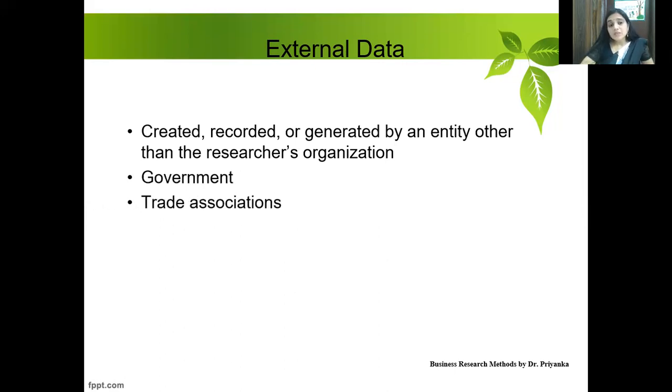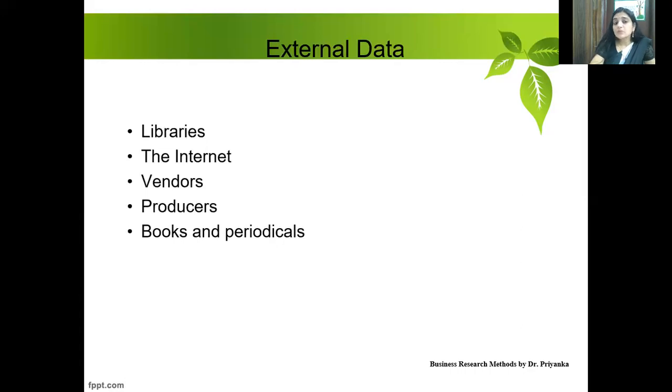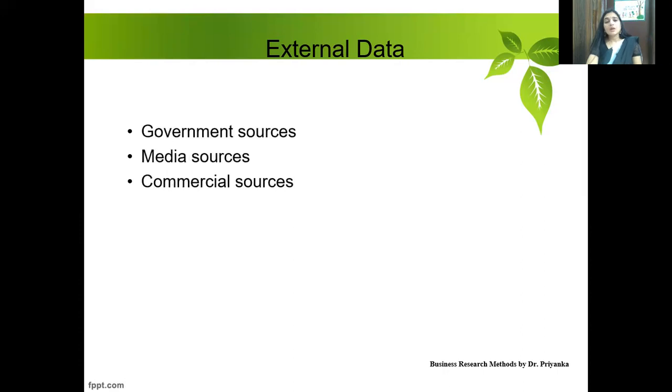It might be government data, trade association data, or newspapers and journals. External data might come from libraries, the internet, vendors, producers, and books and periodicals in the case of academics. Or these might be government sources, media sources, or commercial sources.